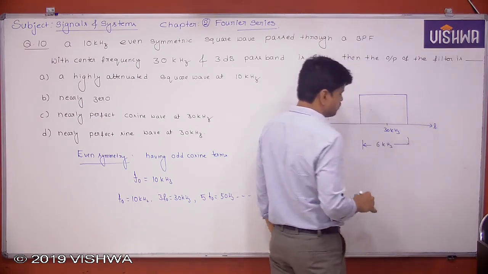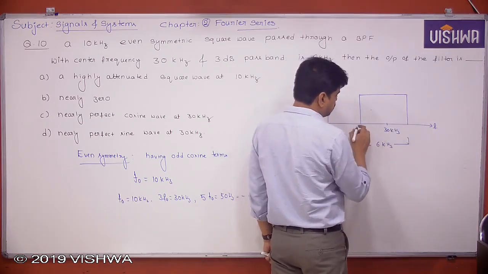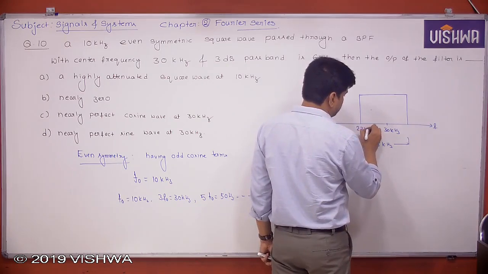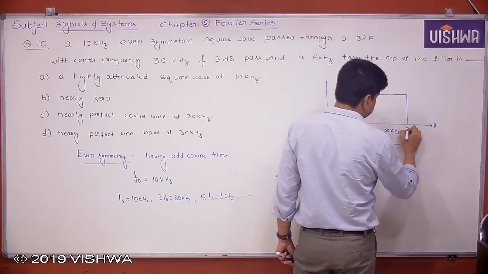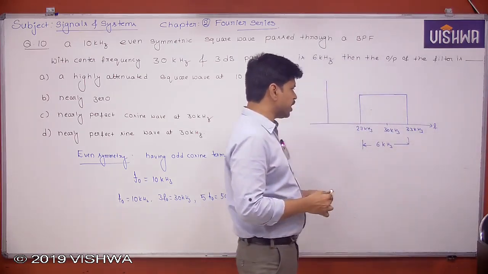Because it is half, it is 27 kilohertz and this is 33 kilohertz. This is what the band pass filter is.